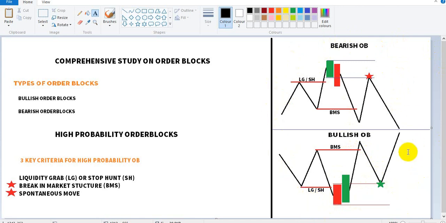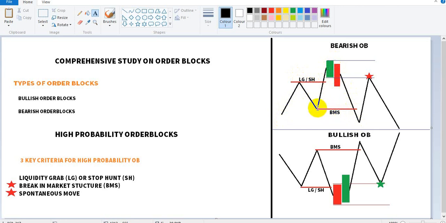Now, what behavior am I talking about? I expect you to watch out for some specific behavior. One, there must be liquidity grab, which is not exactly compulsory. An order block is being created and there should be an impulsive move away from price that breaks market structure.